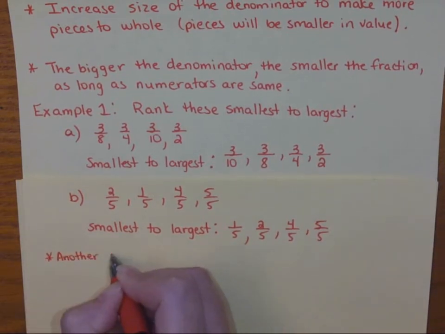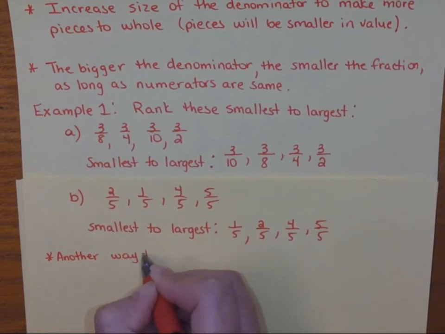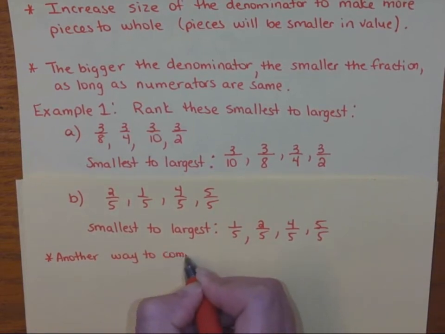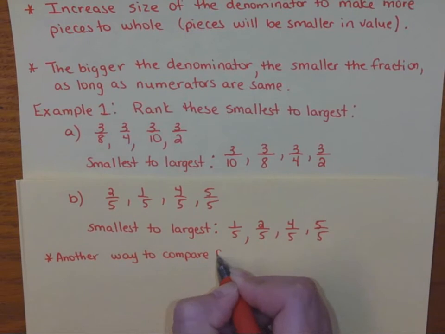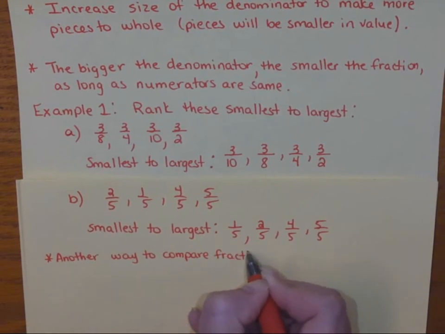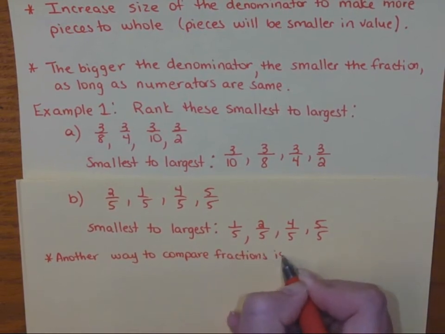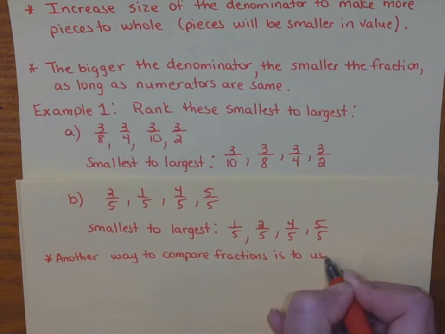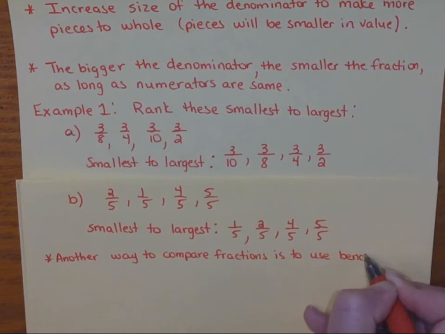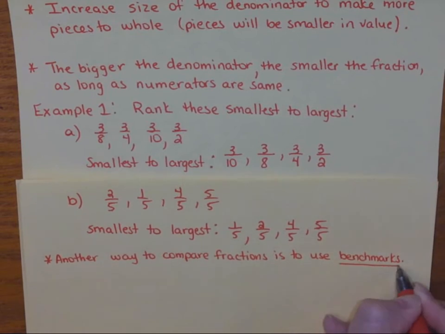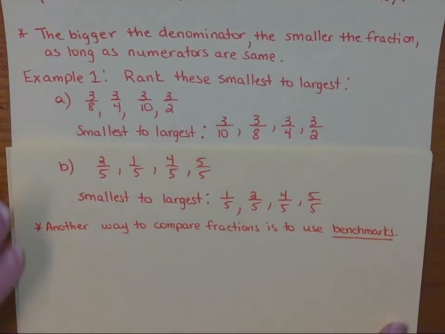So another way to compare fractions is to use benchmarks. Benchmarks is simply using previous information to learn something new, or using something that's already been established and comparing the new information to it.